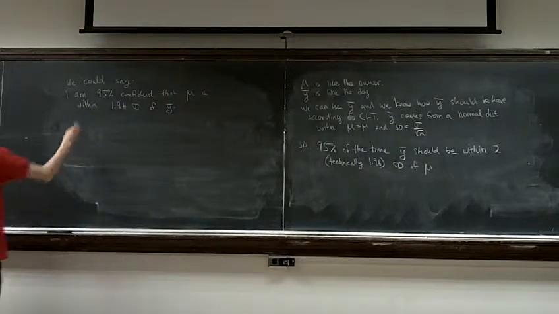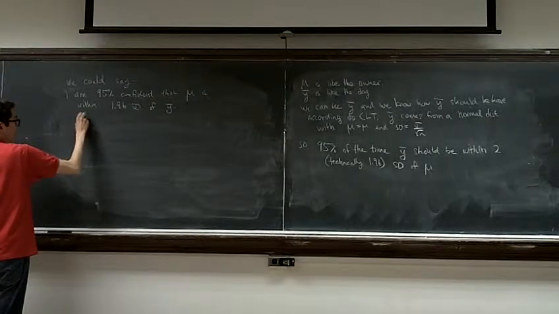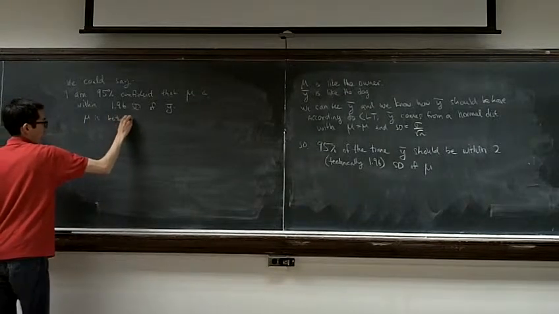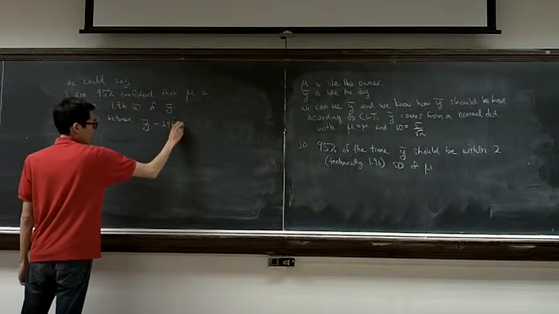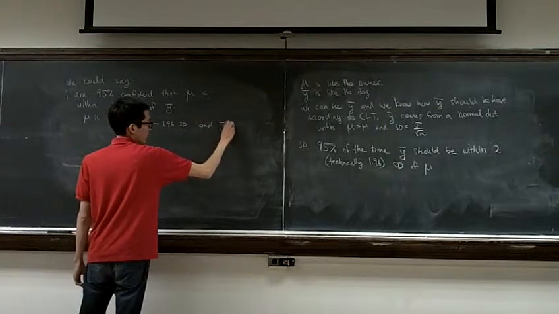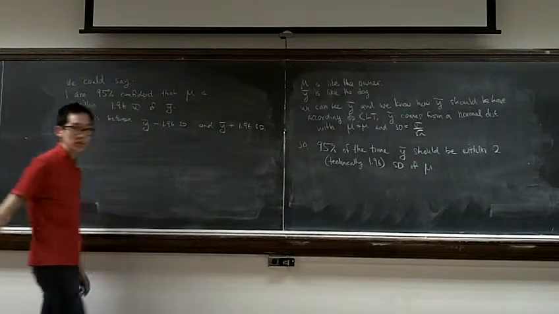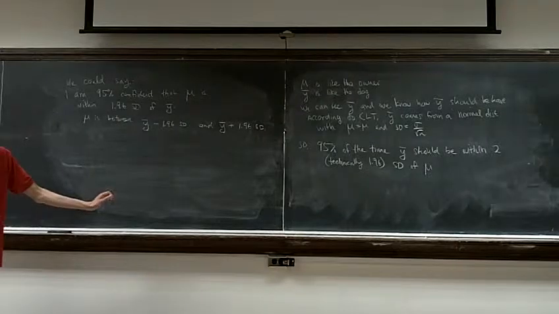Or if we want to convert it, we can say mu is between y bar minus 1.96 standard deviations and y bar plus 1.96 standard deviations. So far, so good. Is that okay?